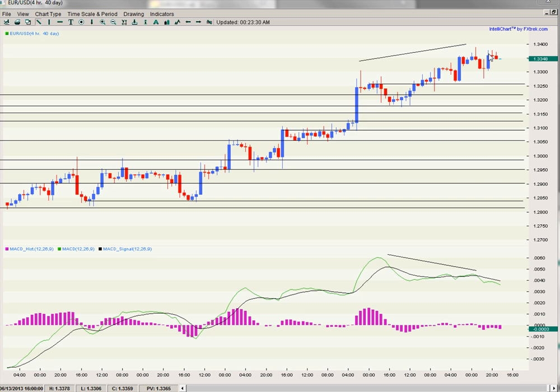I didn't get all of them, by the way, but I got a real nice reward to risk, which is neither here nor there. The point is that you want to keep your trading in alignment with this trend until it proves to you that it's not going up anymore. At the end of the day, no matter how you're going to do this, your job is to manage risk, plain and simple. That's all you are, a risk manager.